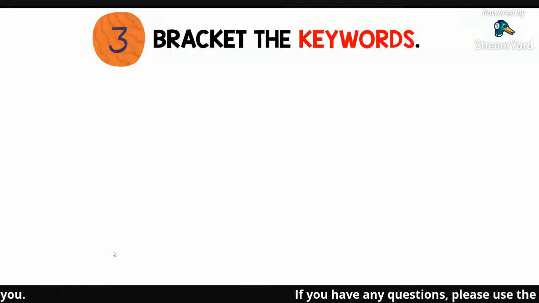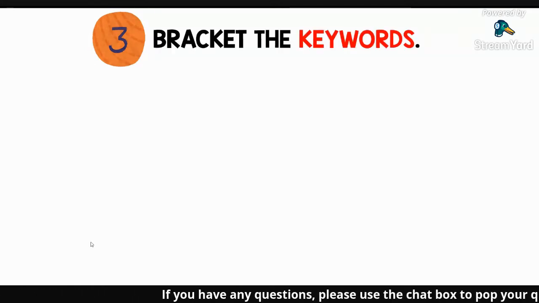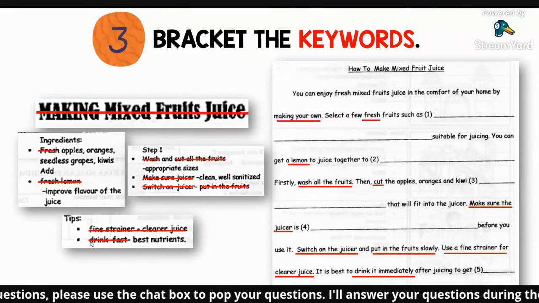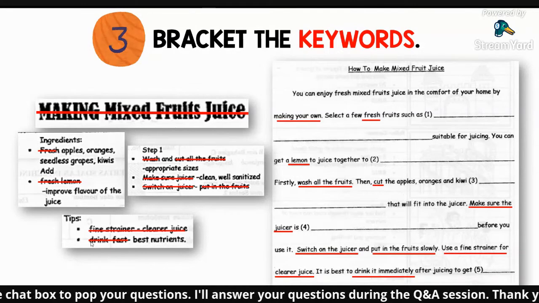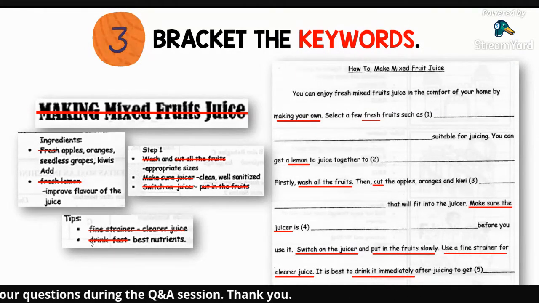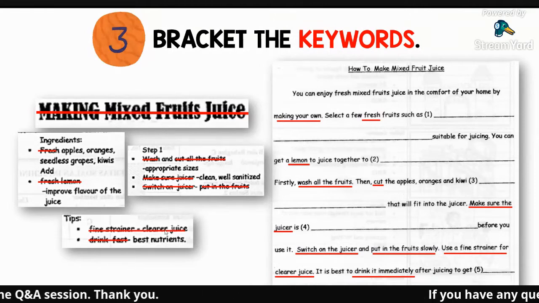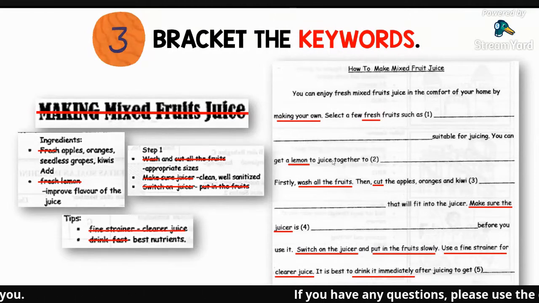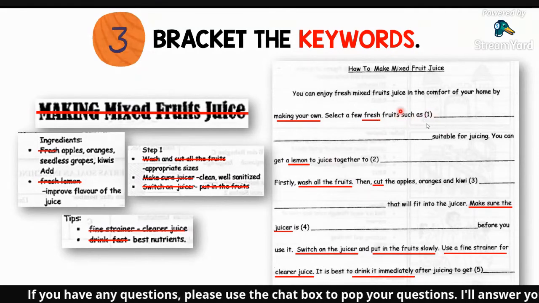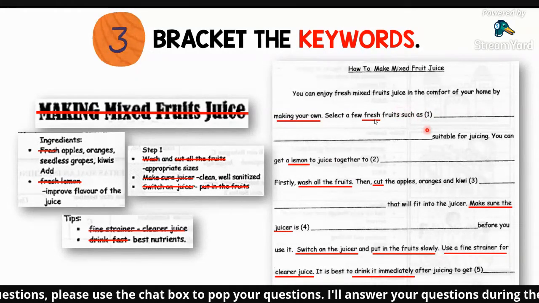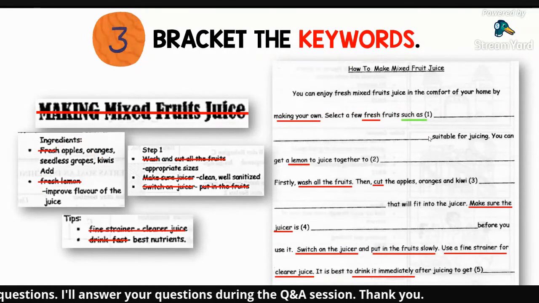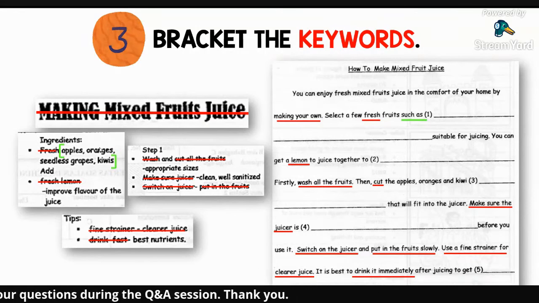Bracket the keywords. Exactly. So you have already eliminated everything that is already in the text. Now we're going to put in our brackets. So let's look again. As you can see, select a few fresh fruits such as is actually giving the example of what fruits are there, right? So the word such as and types of fruits.